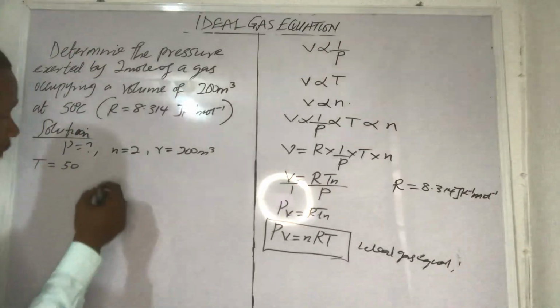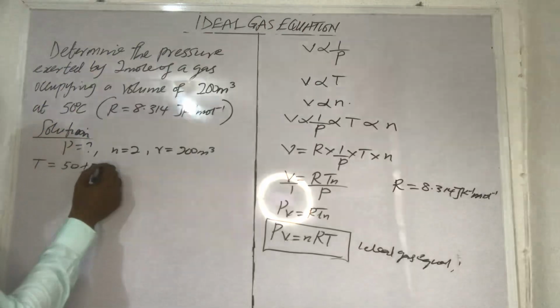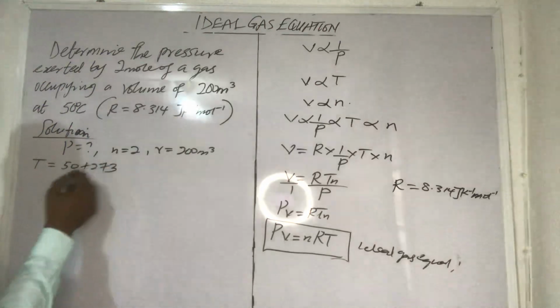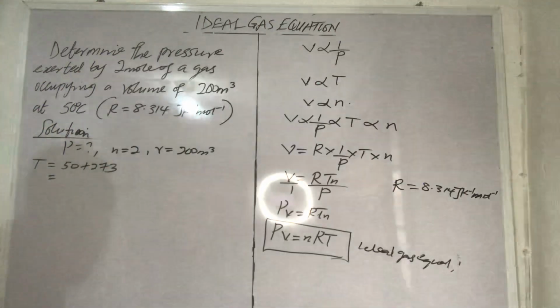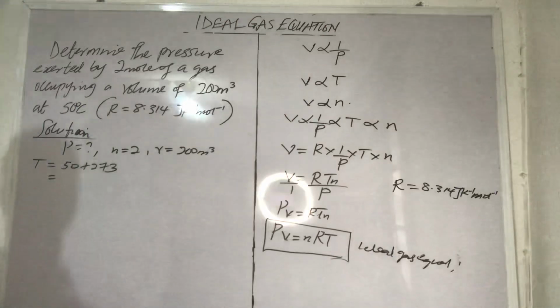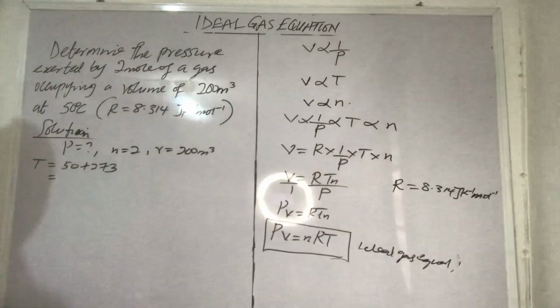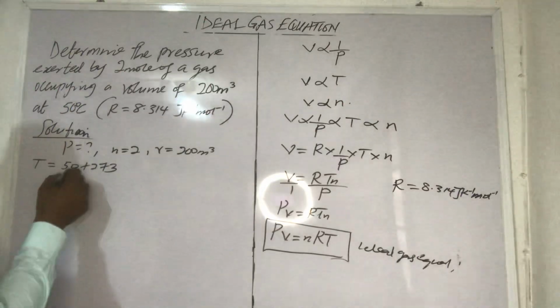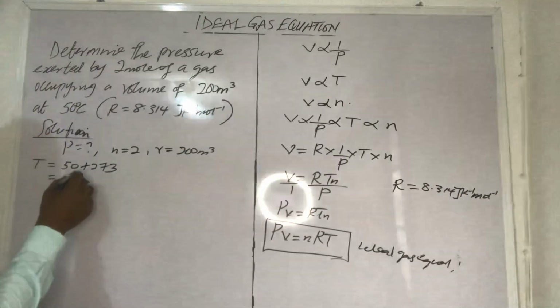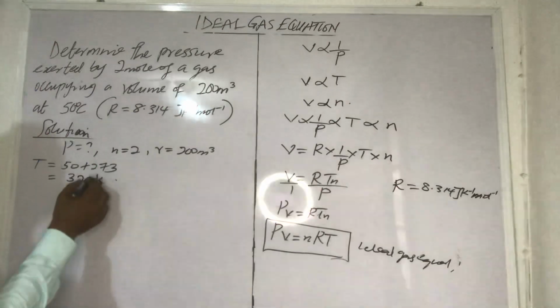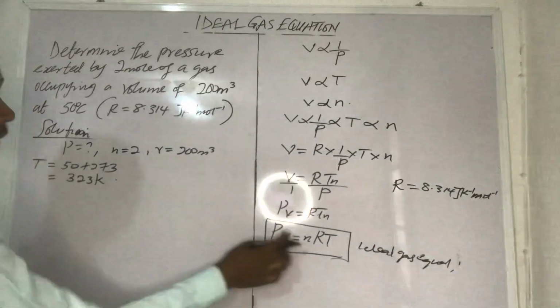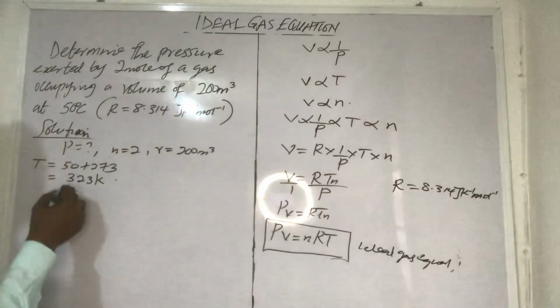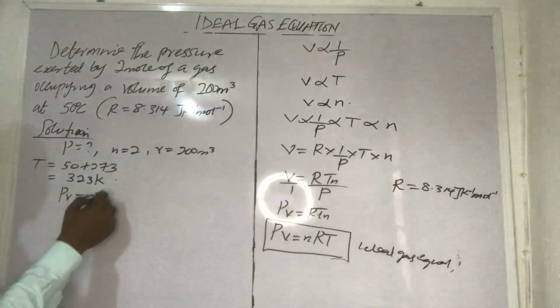So convert this T to Kelvin. We add 273 to it. So you have 50 plus 273. That will give me 323 Kelvin.